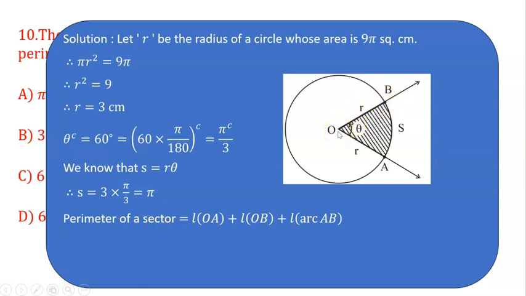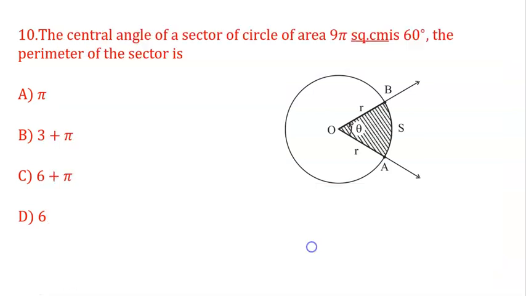That is OB plus S plus OA, that is the length of OA plus length of OB plus length of arc AB. And substitute. That is R plus R plus r theta, that is 2R plus S, that is 2 into 3, 6 plus pi. That is 6 plus pi. This is the perimeter of this sector. And hence option C is correct here.